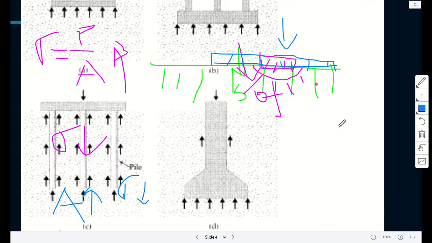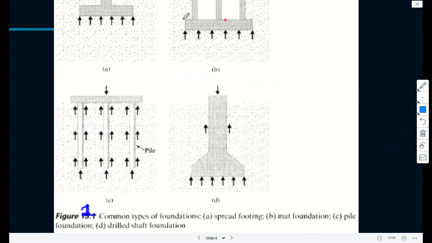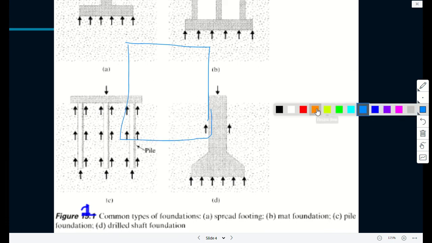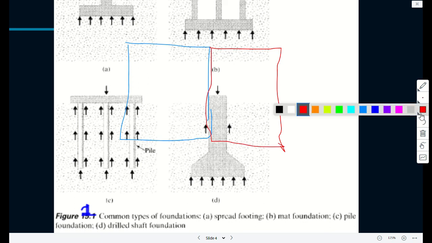For example, if you have plots, like in Nairobi, where you have the boundary of your plot, and this is another person's property, and probably this is another person's property. You people, I believe you live in Nairobi.